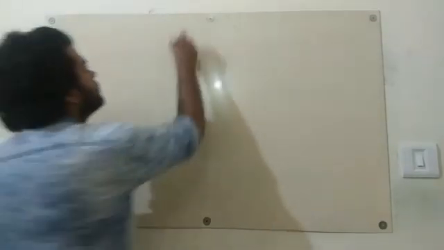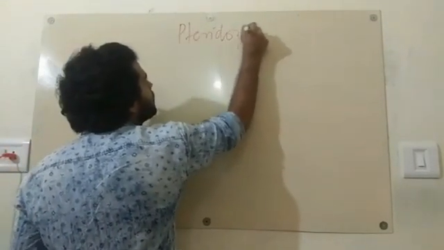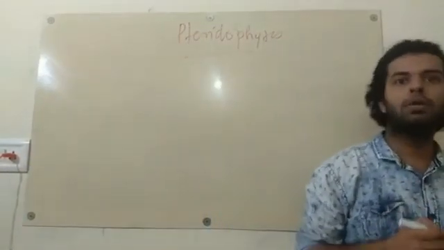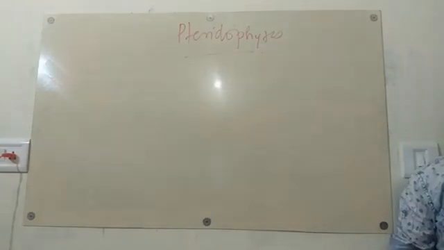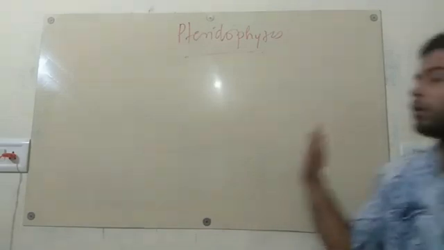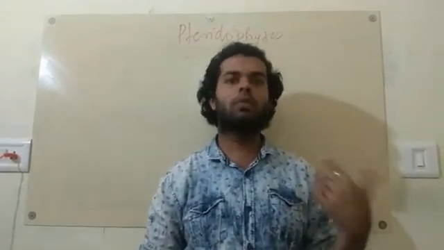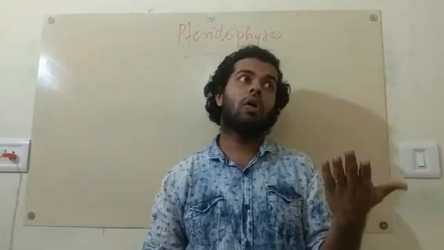In the case of pteridophytes, the body is differentiated into roots, stem and leaves, and has special tissue for the conduction of water and other substances from one part of the body to another. In bryophyte we said that it doesn't have true leaves, stems or roots, only stem-like, leaf-like or root-like structures.